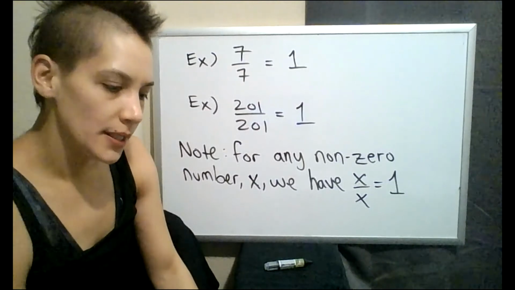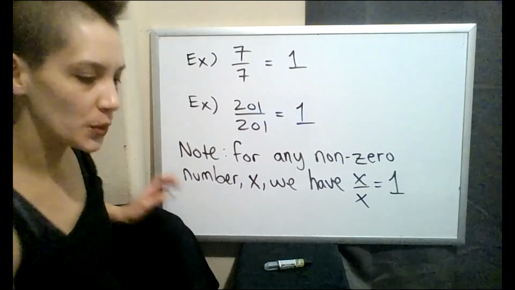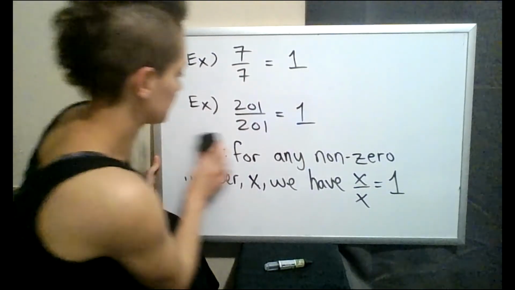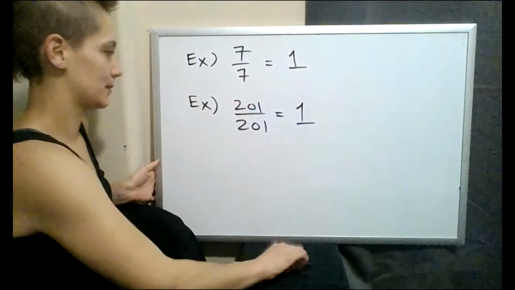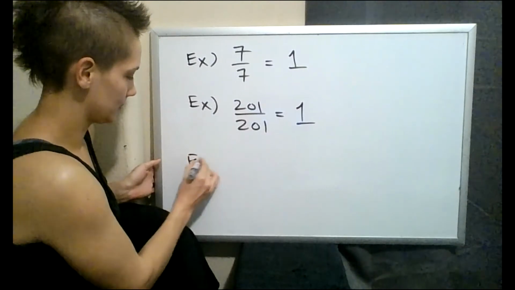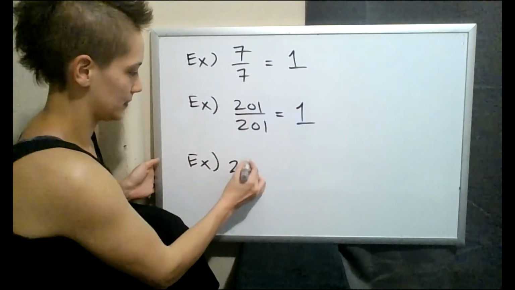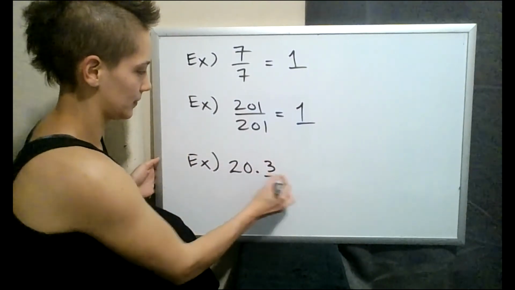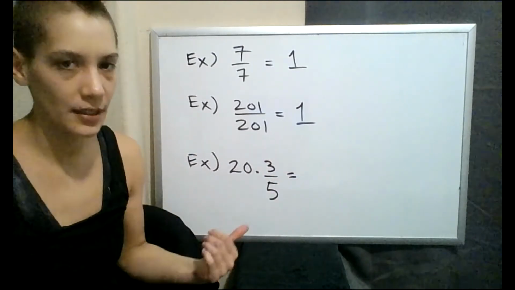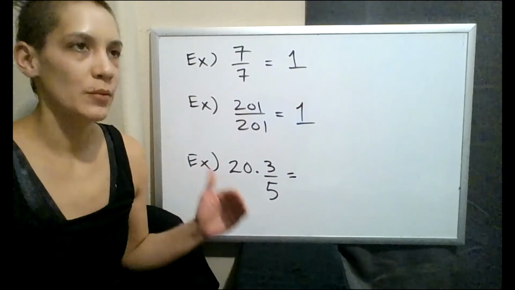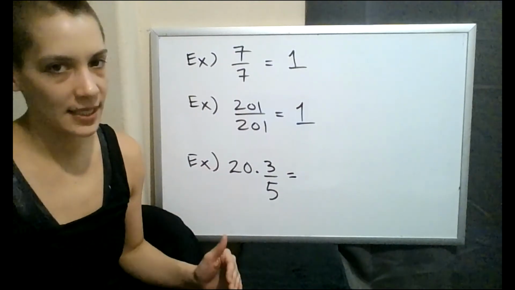Let's do something like 20 times 3/5. Another trick you can use is a number over 1 is the same number.